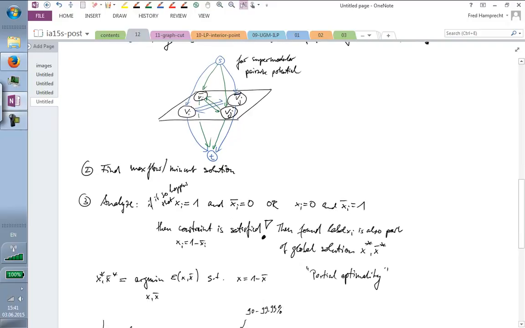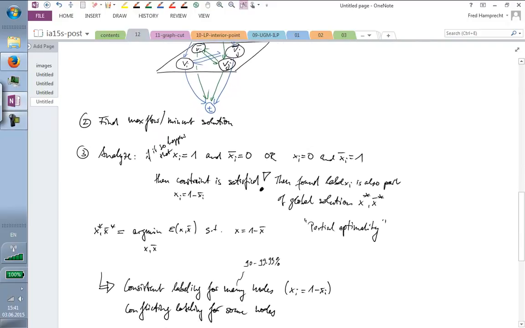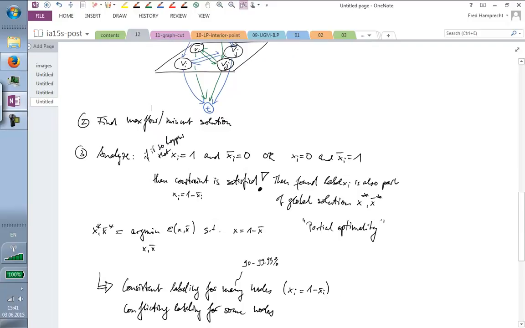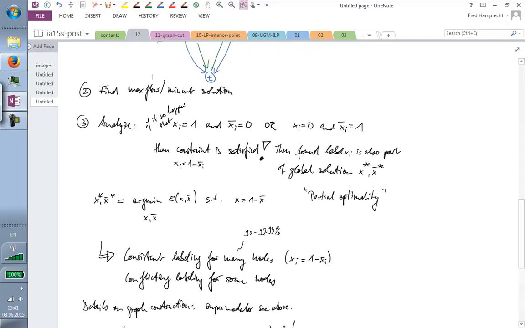And then the result will be that, looking at a binary pairwise MRF with some supermodular potentials, in some nodes we get a single answer, and we know that this is already the optimal answer, and in other nodes we get two answers and we don't know which is true. Okay, so we get a partial labeling out.